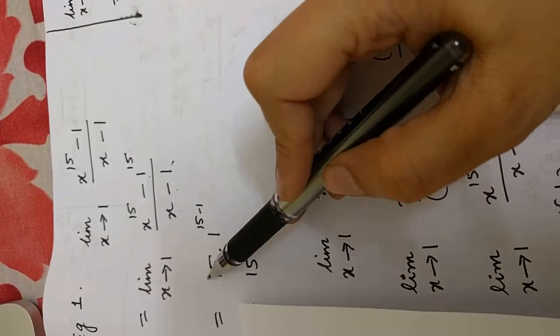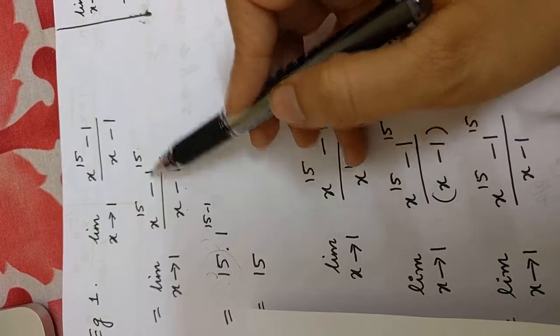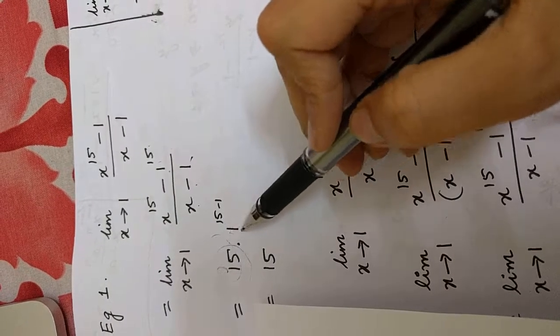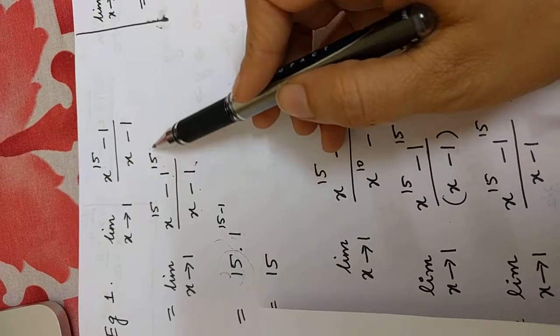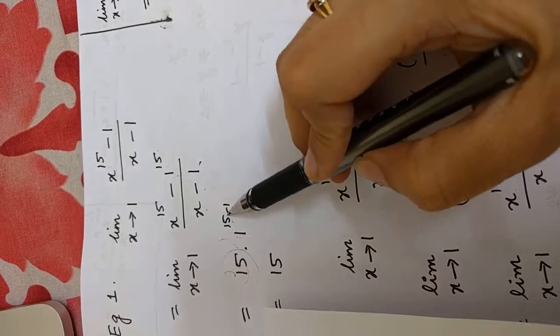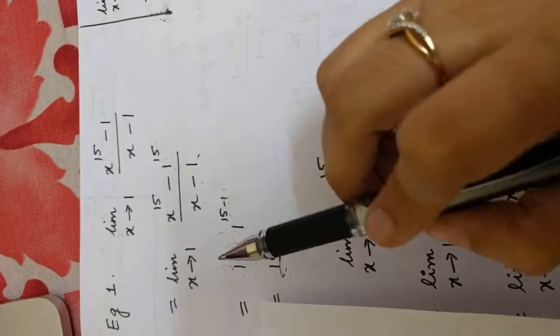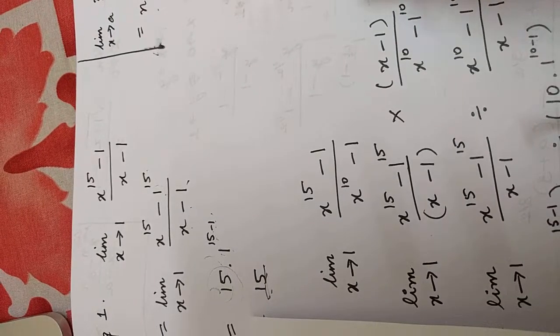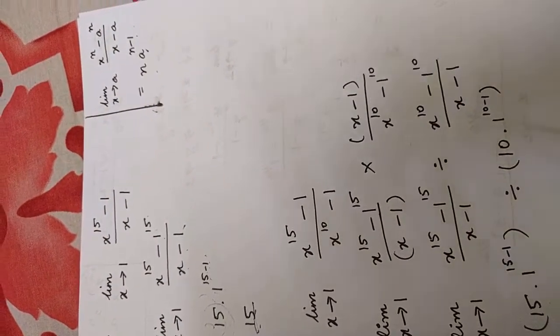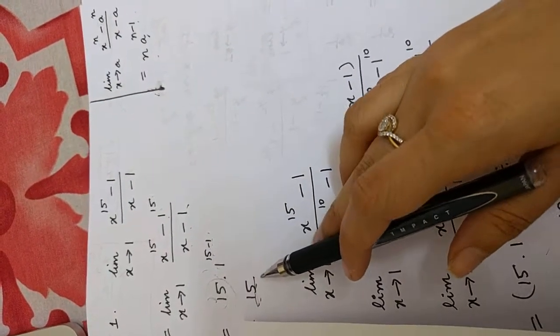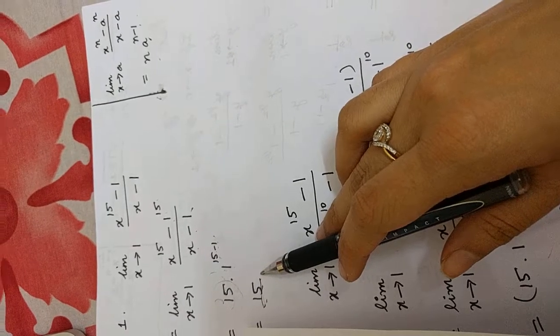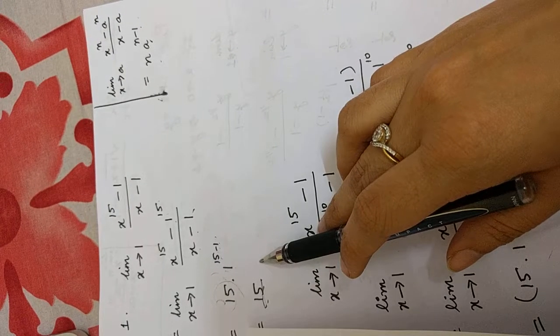So n, which is 15, a, which is 1, to the power n minus 1, 15 minus 1. So answer is 15. Alright. You can have a quick look at it again. You can pause this video and try it yourself.